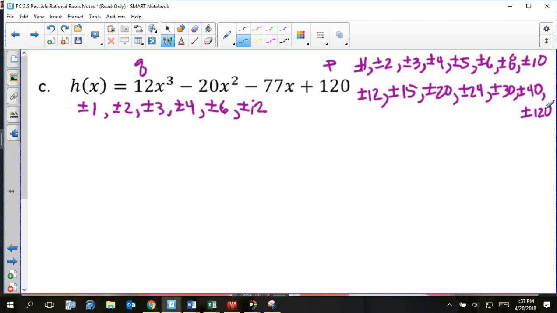So to check if you have the right numbers: 1, 2, 3, 4, 5, 6, 8, 10, 12, 15, 20, 24, 30, 40, 120 for the P.